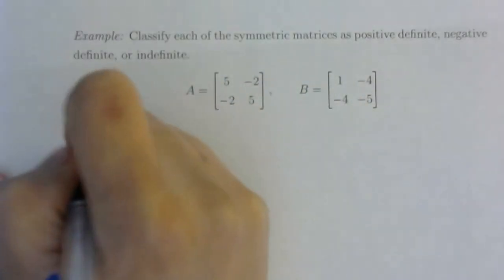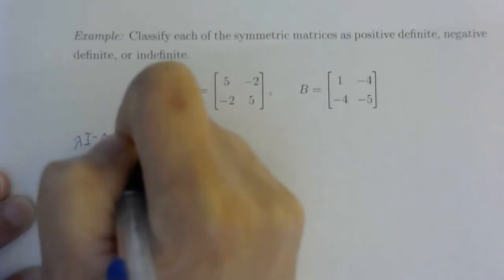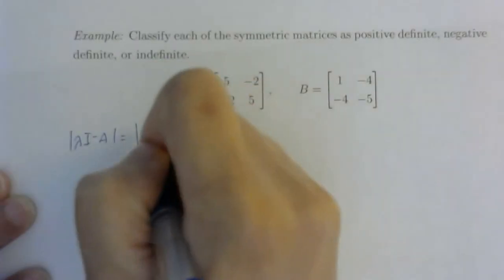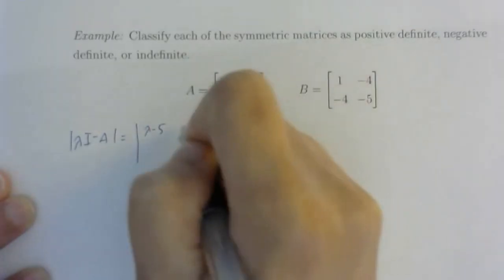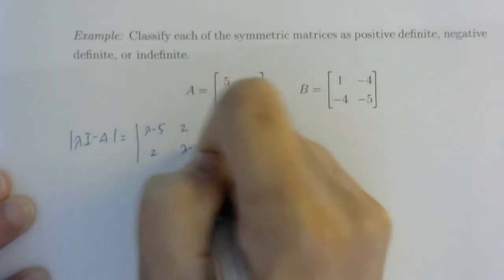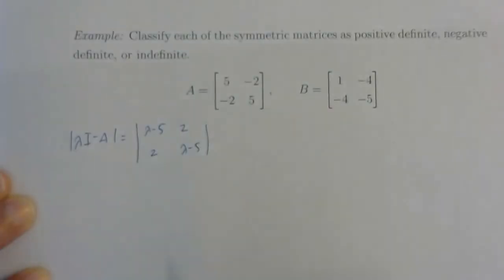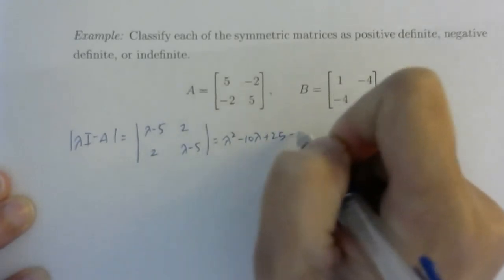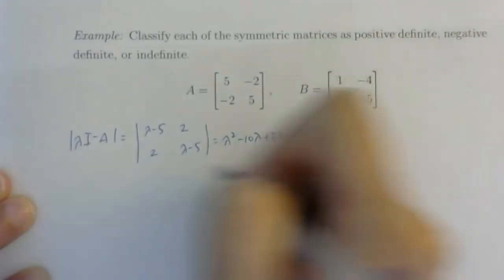So for A, the determinant of lambda I minus A is going to be lambda minus 5, 2, 2, lambda minus 5. So lambda squared minus 10 lambda plus 25 minus 4.